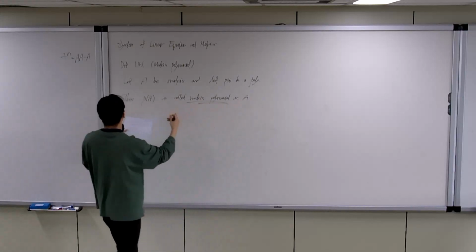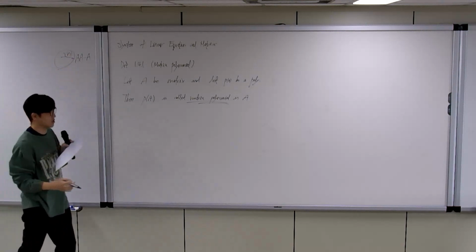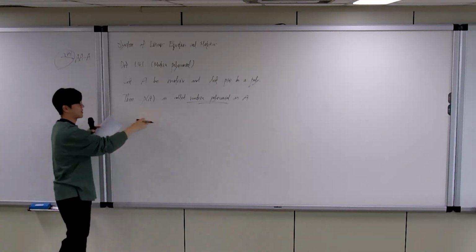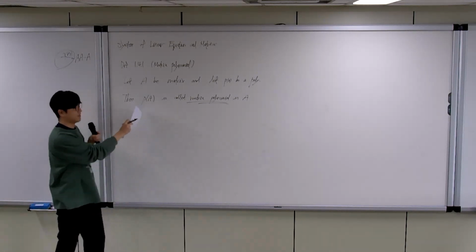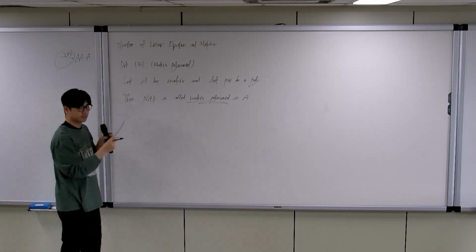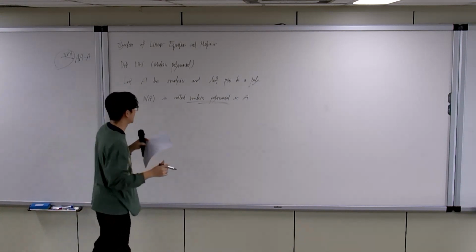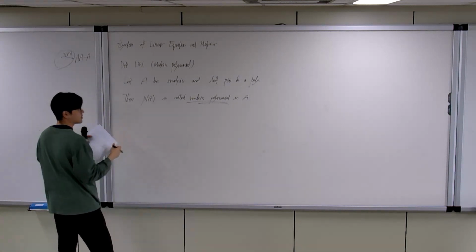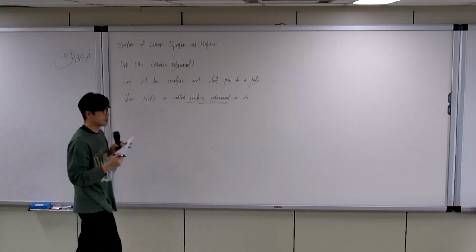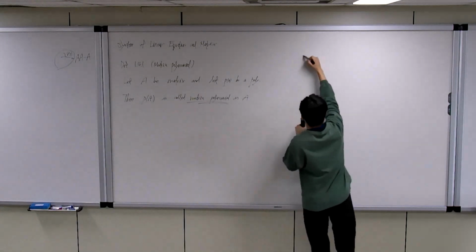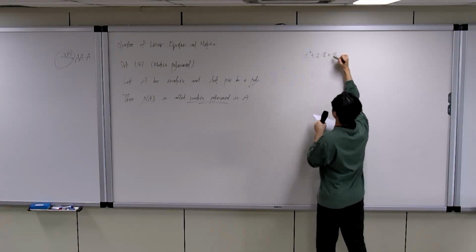And we defined A to the n, so it should be well defined. It is clear now because we have a polynomial.